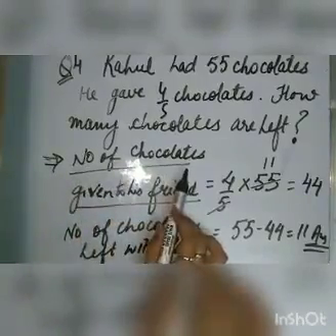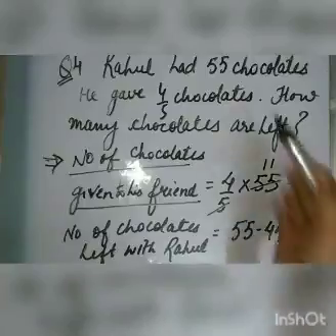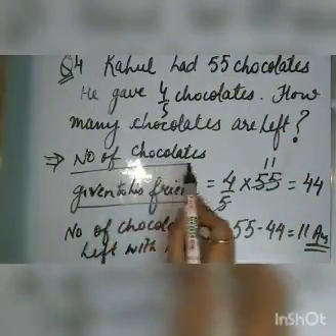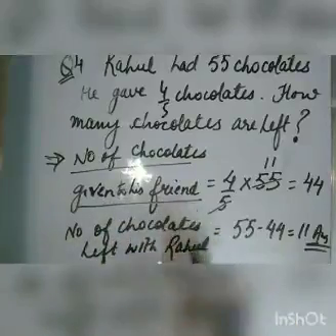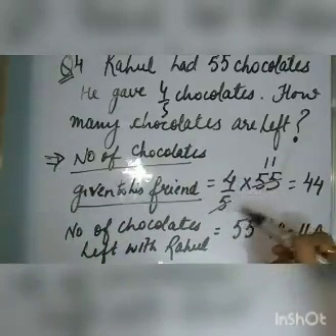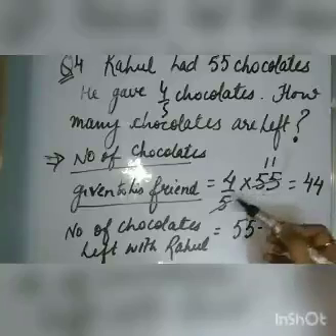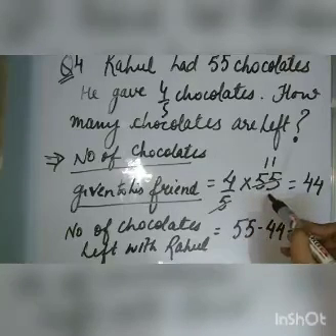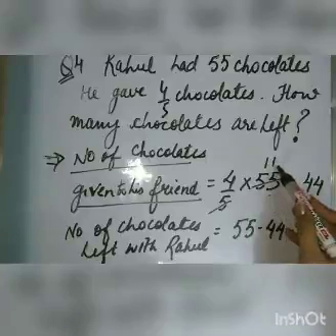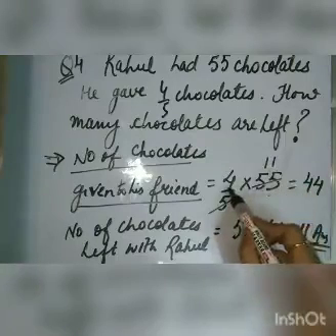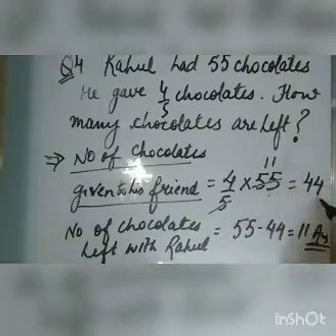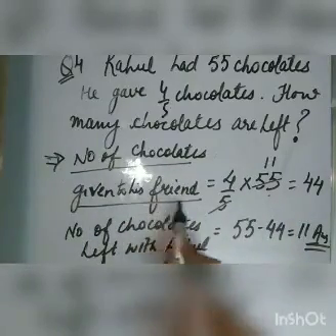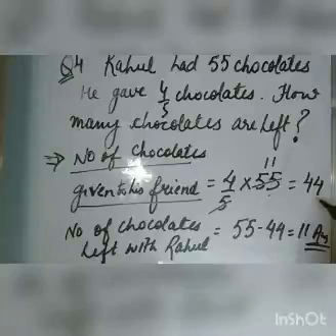The number of chocolates Rahul has is 55. The number of chocolates given to his friends is 4 by 5 of the total chocolates. So 5 completely divides 55, giving 11. 4 multiplied by 11 is 44. So the number of chocolates given to his friends is 44.